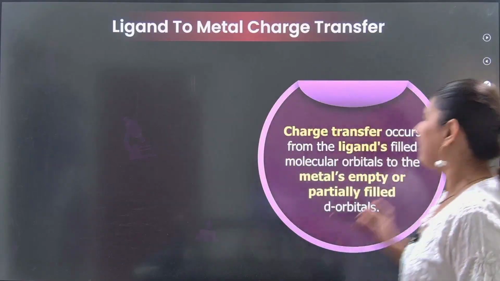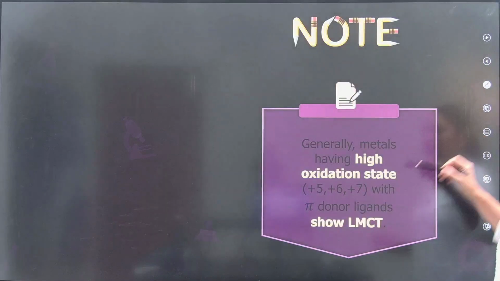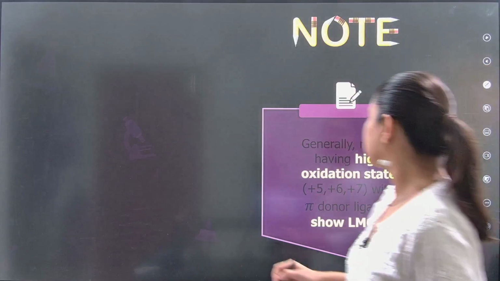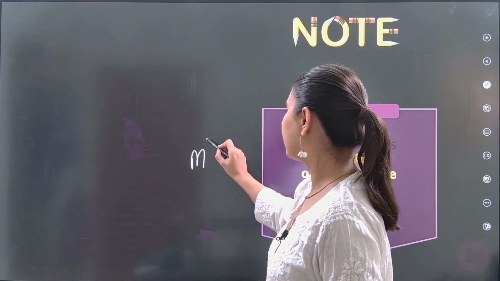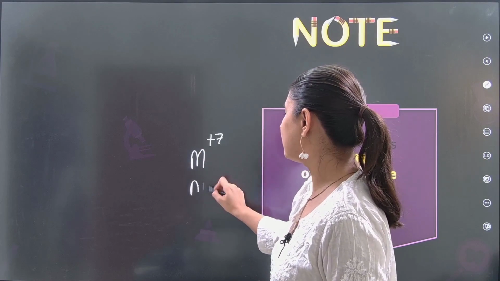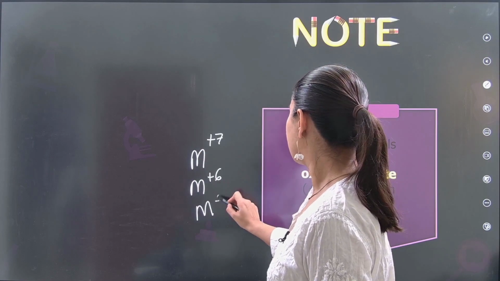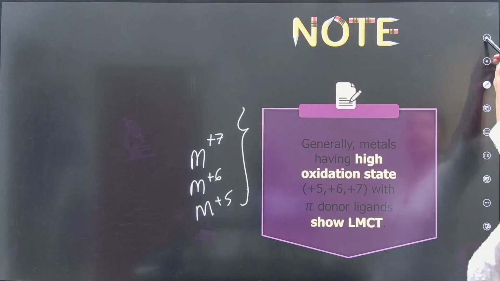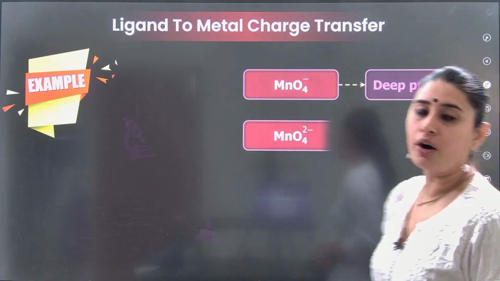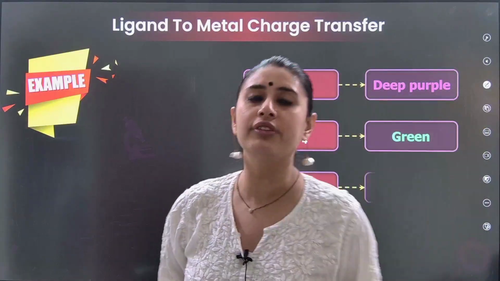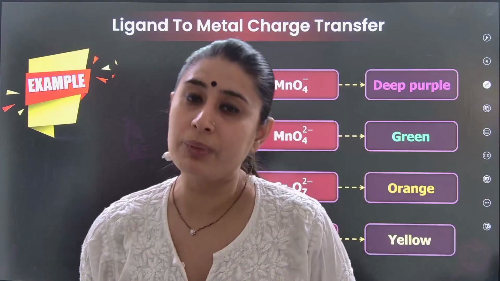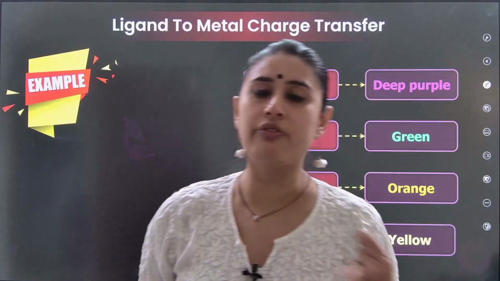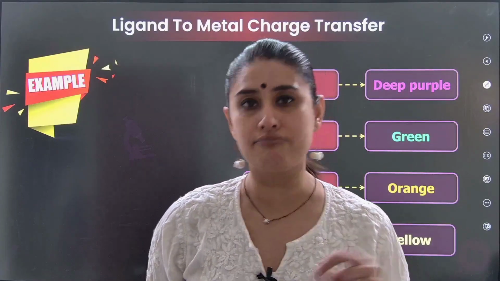So it is very interesting. It is easy for us to note that wherever you will see the metal having very high oxidation states, either +7, +6, +5, very high oxidation states, that's the hint for us that it can have what kind of reason for the color. The reason would be the transfer of electron happening from the ligand to the metal.